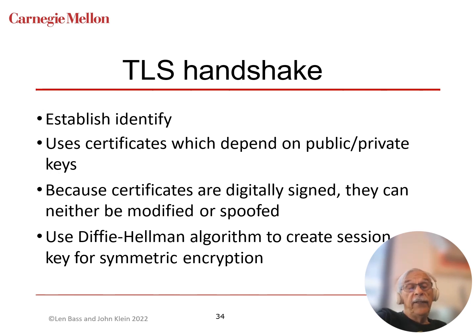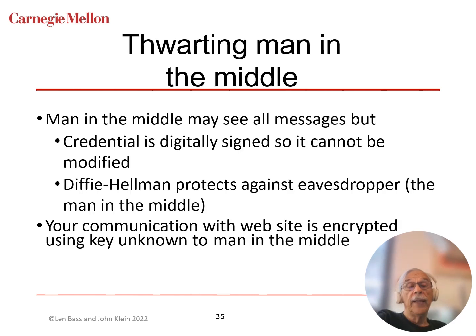And then you use the Diffie-Hellman algorithm, which I talked about, given that your communication is secure at the establishment of the Diffie-Hellman, then you use the Diffie-Hellman algorithm to create the symmetric key. And again, that's not breakable by an eavesdropper. And so that thwarts the man in the middle attack.